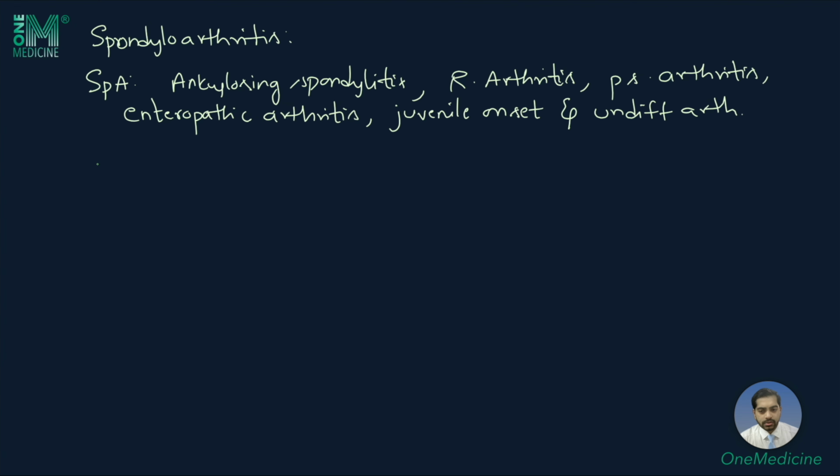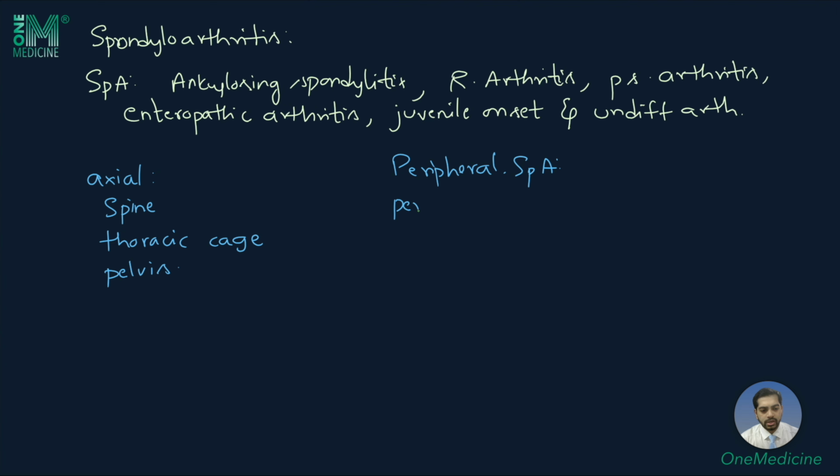In recent times, the disease spondyloarthritis as a group has also been subclassified into axial spondyloarthritis, which involves the spine, thoracic cage, and pelvis, and the other subtype is peripheral spondyloarthritis, and these affect peripheral joints, that is the joints of extremities.